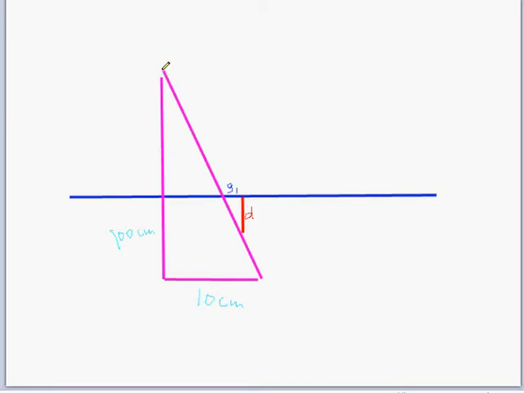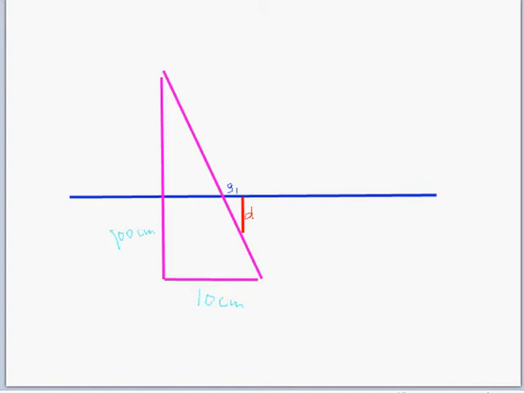So that's defined down here. This is 10. And we said it was 90 centimeters SSD, but you don't even have to know that because this triangle here is still similar to this one here. And I'll try to prove that to you.